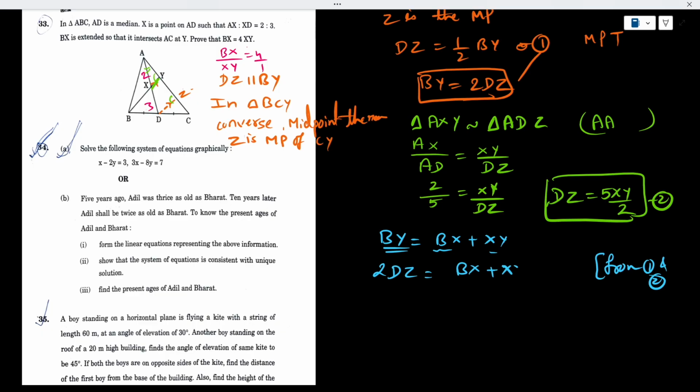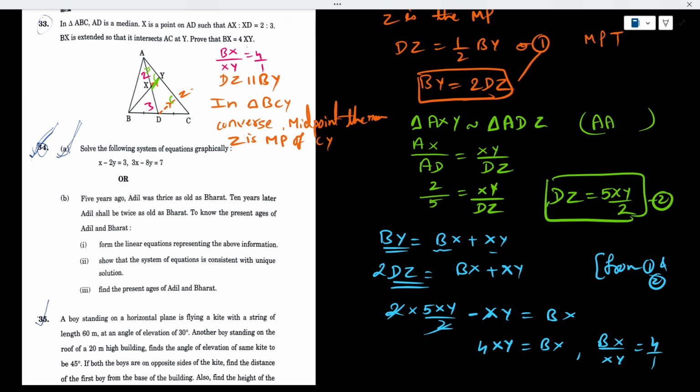BX plus XY, and I know that DG from 2 I can substitute as 5XY by 2. The 2 gets cancelled, minus XY from the right hand side will be BX. So this is nothing but 4XY, which is BX, and BX by XY will be equal to 4 by 1, or you can do the cross multiplication, we reach the result. Hence proved.